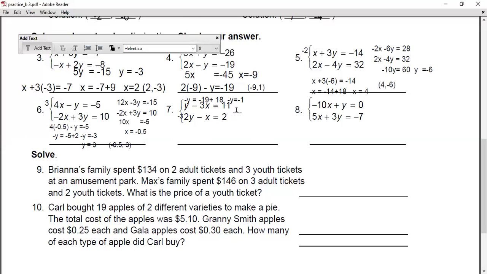So what are the equations we are going to get now? We have y minus 3x equals 11.